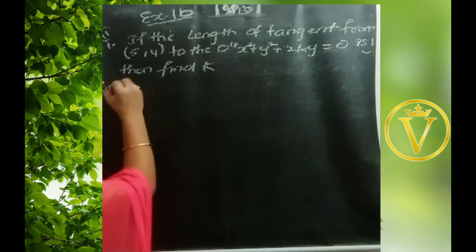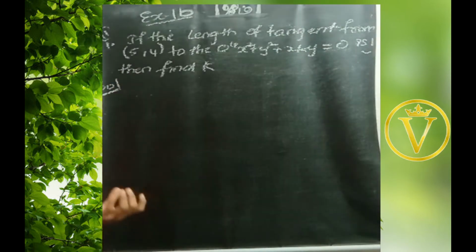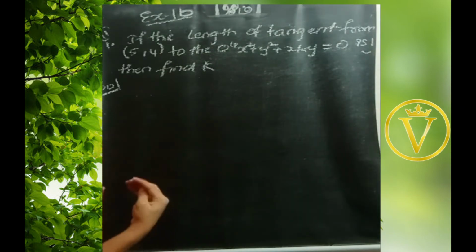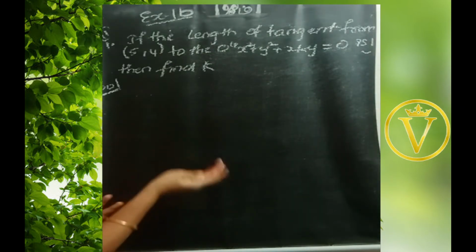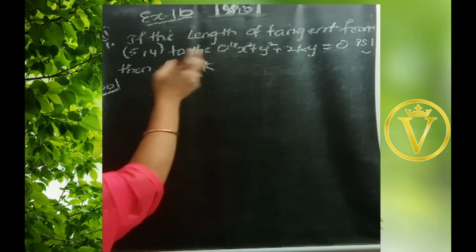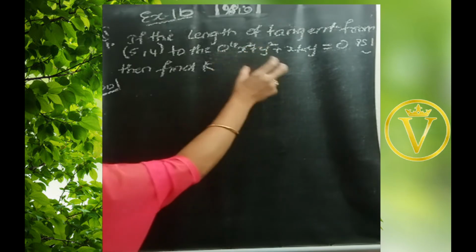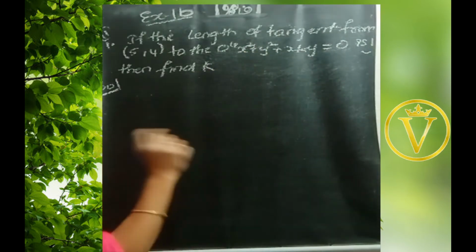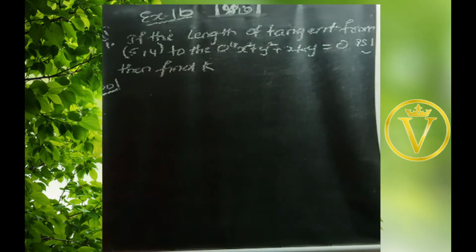In the before problem they gave only the point and expression and we found the length of the tangent, but here they have given the length of the tangent, the point and the expression, but in the expression there is one constant, one variable, that we have to find.